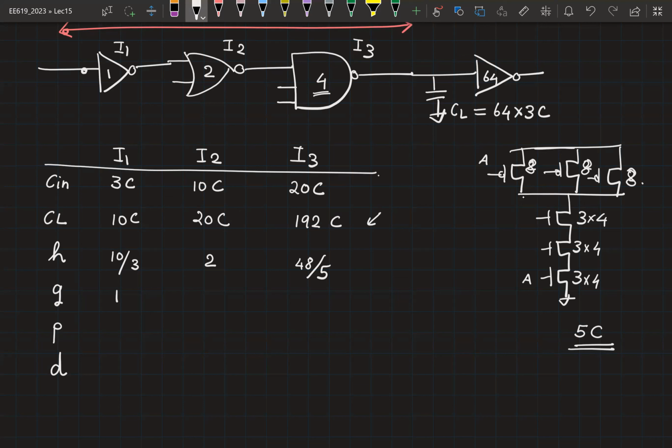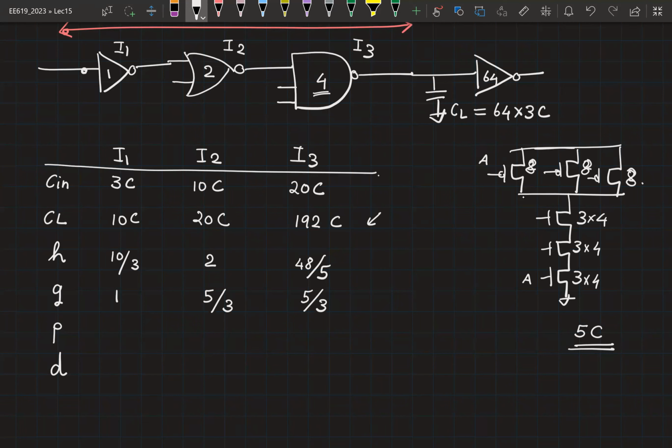Either you deal with a unit DUT by a unit inverter, or if you're taking the DUT capacitance as it is, then you consider an inverter which has the same drive strength. So if you are looking at NOR 2 size 2, consider an inverter that is also size 2. So now what is the logical effort? This should be 5 by 3. I3, this is also 5 by 3.